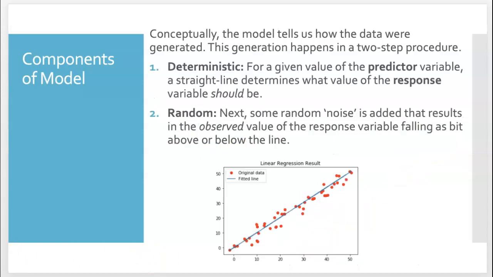Okay, so what we say is that this two-step procedure, one is deterministic, meaning there's no probability, right? That blue line is where it's at, okay, where the typical value should be. But if we want to find the actual observation, well, we need to incorporate the random component, okay, the noise. Right, so meaning it's here with some random noise, here with some random noise, here with some random noise. So there's two pieces to it, right?